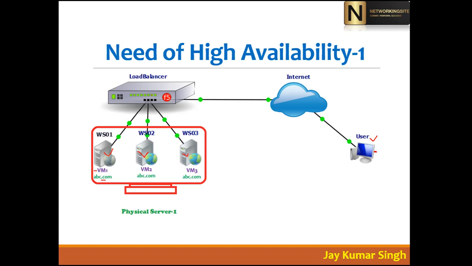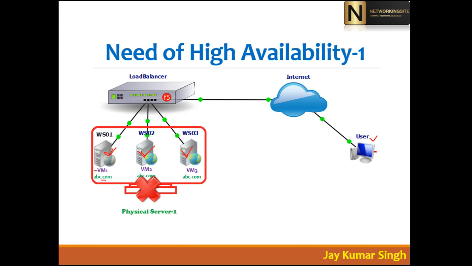Now what happened? Due to some problem, this physical server goes down. So when the physical server has gone down, your VM1, VM2, VM3, or your servers, why do we always say VM? Because it is not physically stored at your location. It is somewhere else, right? So logically we are accessing it. That's why we say virtual machine.